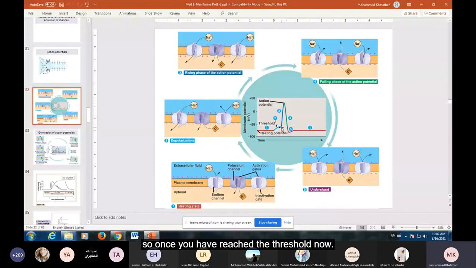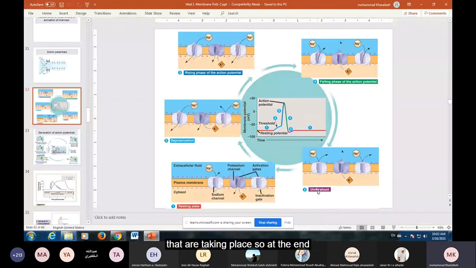Once you have reached the threshold, you have activated almost all voltage-gated sodium channels. By activation of all voltage-gated sodium channels, you get phase 3. And the potential is trying to reach the equilibrium potential for sodium, but it does not reach it because at the tip of that change, at the maximum, other changes are taking place.